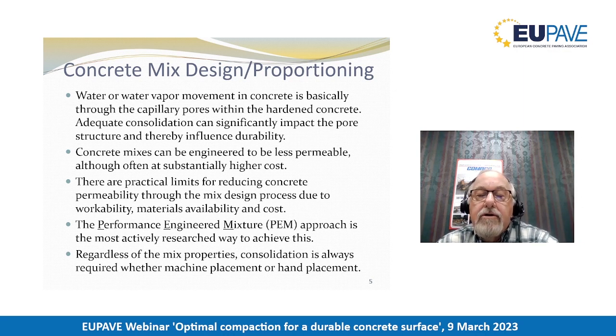But all of those things are going to have some influence on the vibration. But regardless of the mix properties, consolidation is required whether it's machine placement or hand placement. It is applicable whether or not it is 0 slump concrete or whether it is 5-6 inches of slump like we would use for a typical hand pour on a slab.